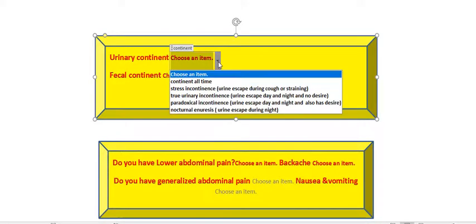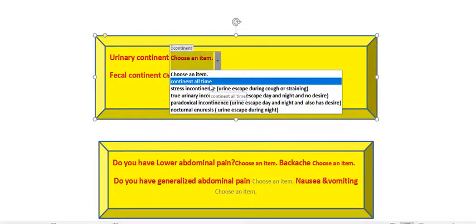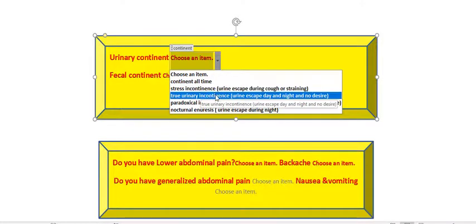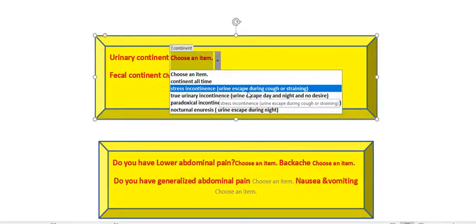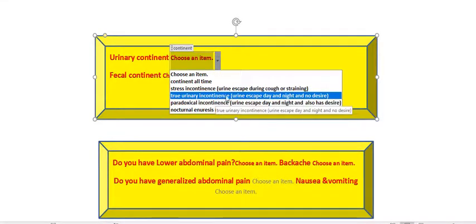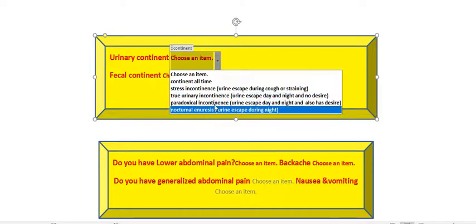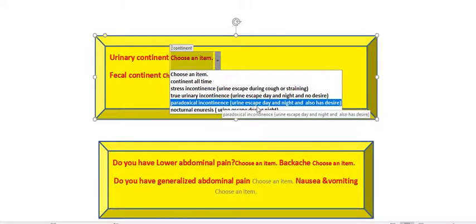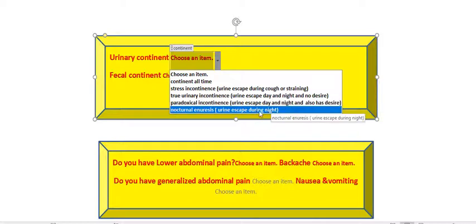This patient is continent all the time, or she has stress urinary incontinence, urine escapes during cough or straining, or total urinary incontinence, urine escapes day and night and no desire to pass urine, or paradoxical incontinence, urine escapes day and night and also has desire, or nocturnal enuresis, urine escapes during night.